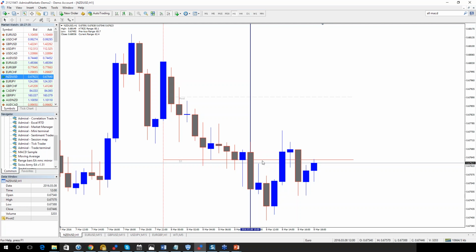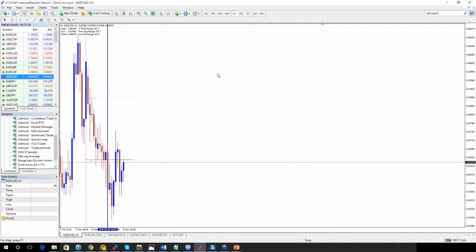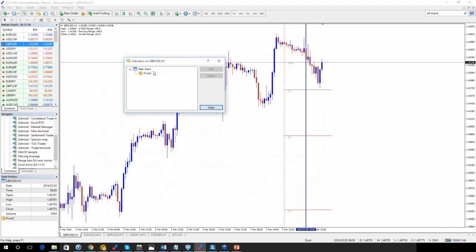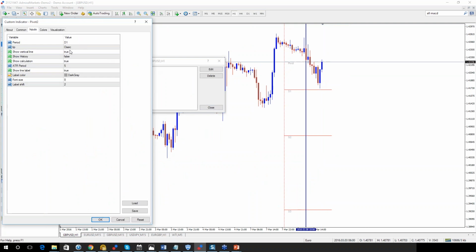We can also use historical price action. So like this, pivot point indicator, and show history.